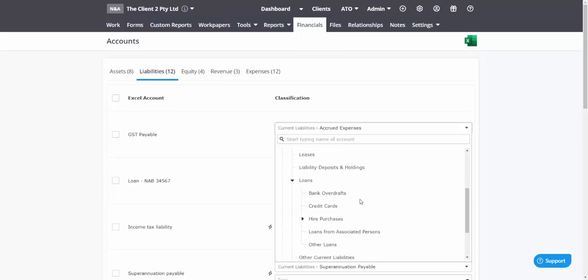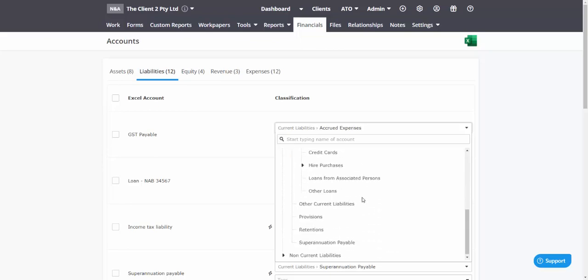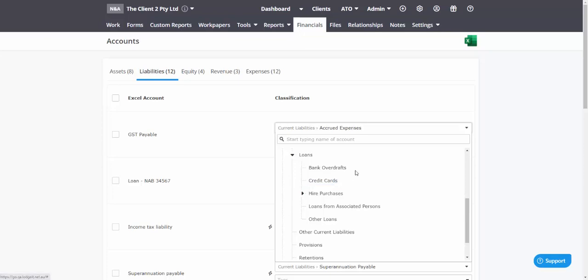Loans outstanding, and you'll see within the loans category here, we've also got bank overdrafts, which we treat as a kind of current loan, credit cards, a type of current loan, any of your unexpired interest and outstanding payments for current hire purchase component, because typically with hire purchase, you're going to break your hire purchases into two parts, the current unexpired component and the longer term, more than 12-month component.